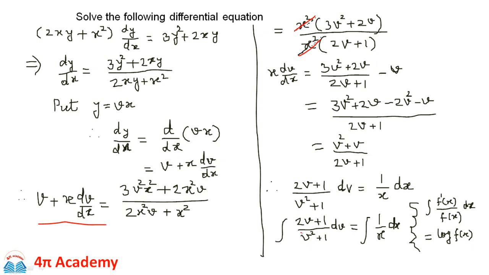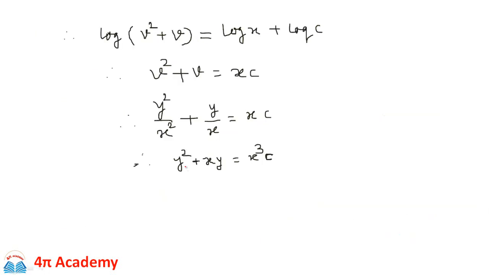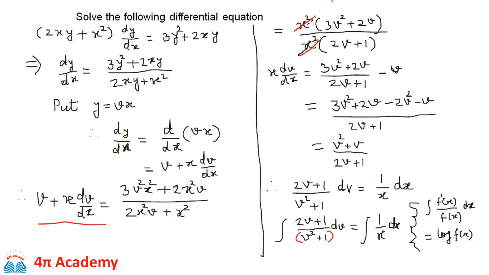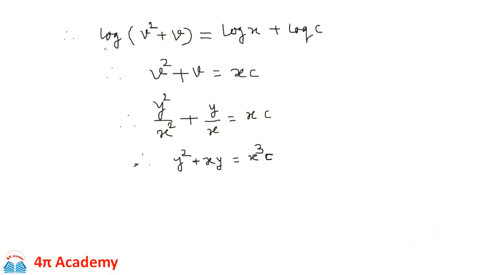So here this v square plus v is our f of x, and if you differentiate this f of x, then it will be f dash of x, and this f dash of x will be equal to 2v plus 1, and therefore this form, that is 2v plus 1 divided by v square plus v, is of the form f dash of x divided by f of x, and therefore the integration of this term, that is integration of 2v plus 1 divided by v square plus v, will be equal to log of f of x, which is log of v square plus v.